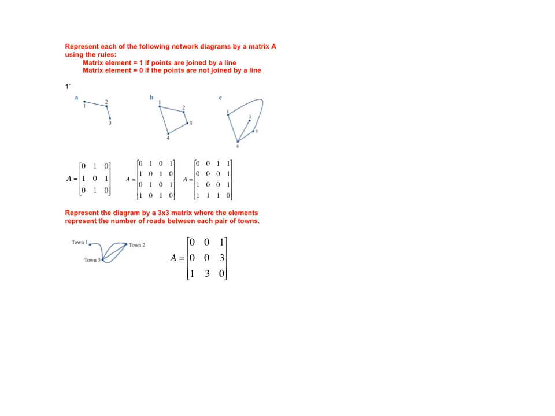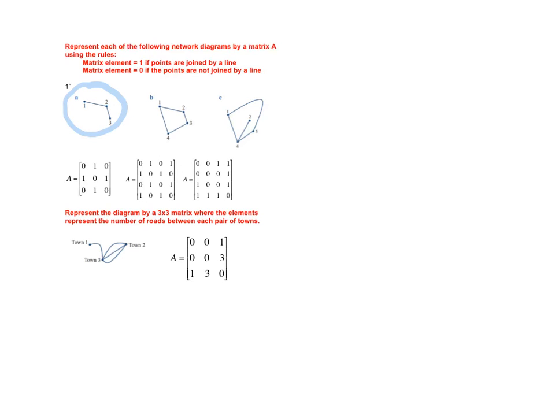Okay, you would have seen this last year, but just to recap. Sometimes we get these network diagrams, and they're telling you that if there's a line between them, those two are connected.